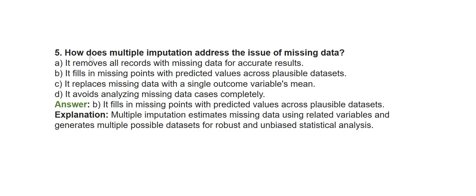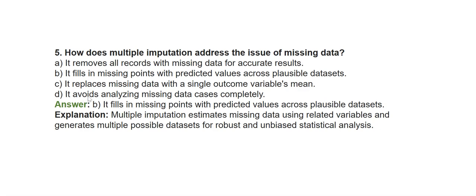And five, how does multiple imputation address the issue of missing data? A, it removes all records with missing data for accurate results. B, it fills in missing points with predicted values across plausible datasets. C, it replaces missing data with a single outcome variable's mean.